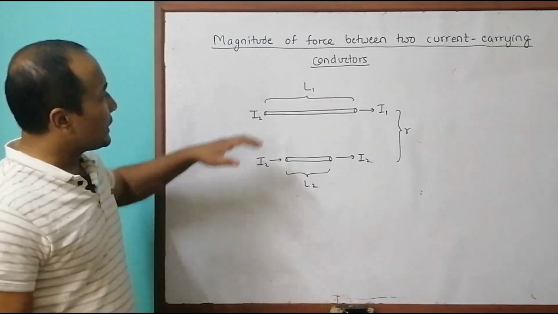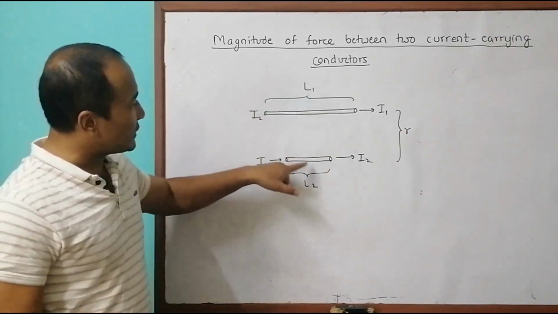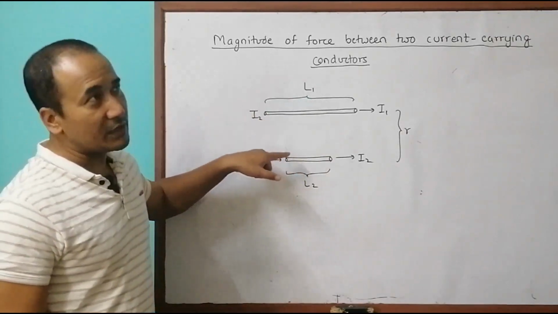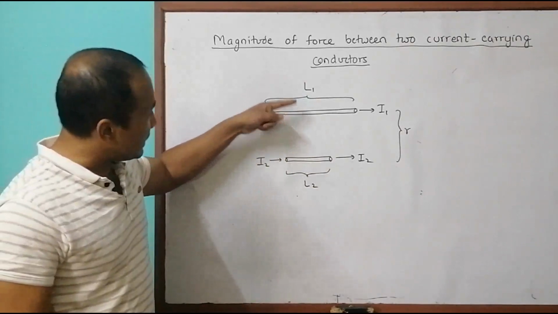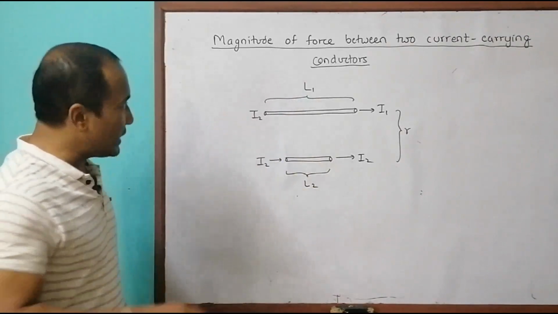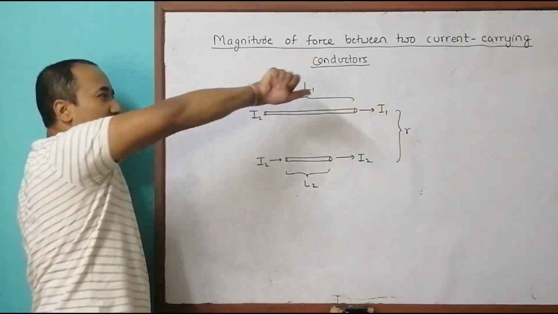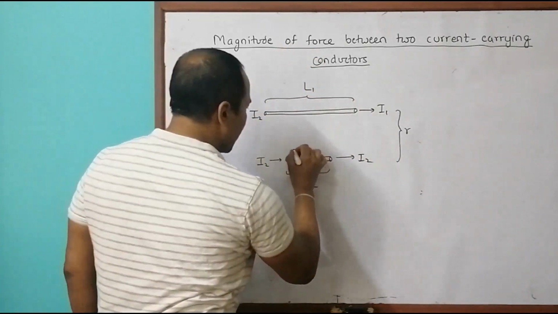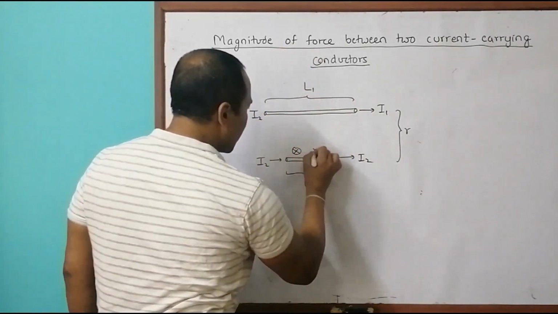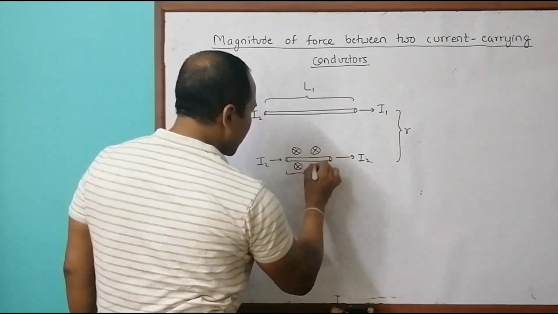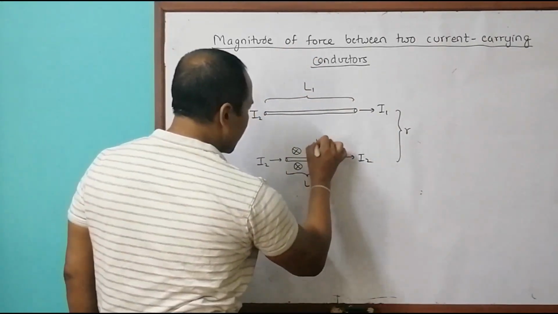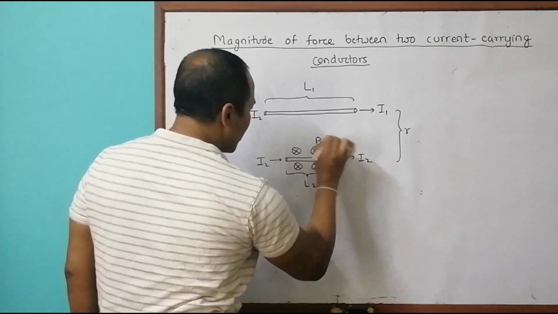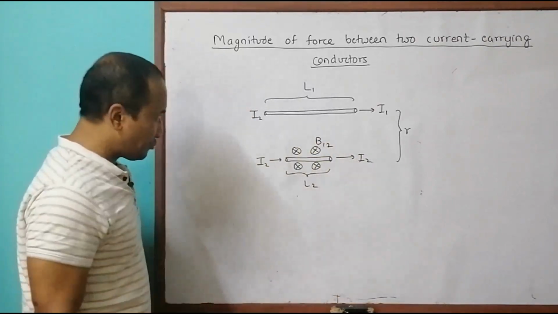Now, first of all, the magnetic field strength or magnetic flux density because of this wire on this one should be, let us do like this, it goes like this, it comes like this, so it should be in a direction like this. This should be the direction of the magnetic field lines. So it is B12, because of 1 on 2.